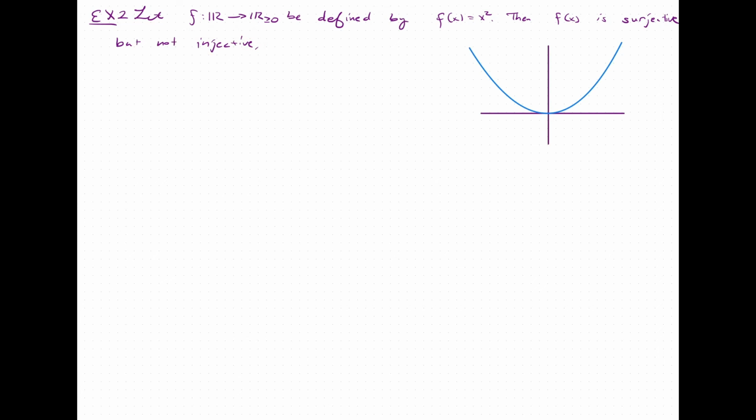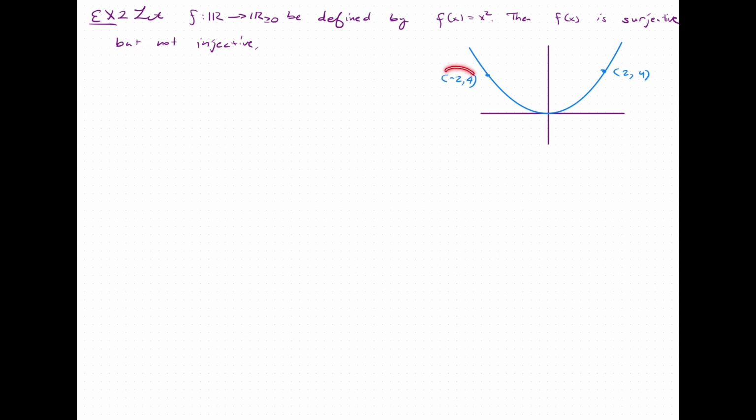And to show that it is not injective, all we have to do is find a counterexample. Because to be injective is to say that every output has exactly one input. But if we look at, say, that this here is 2, then we know that this is (2, 4), and over here we're going to have (-2, 4).